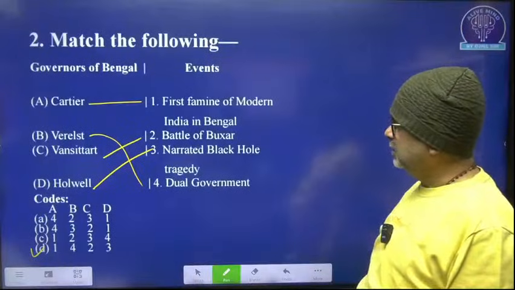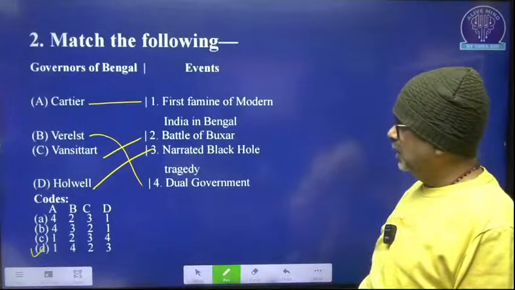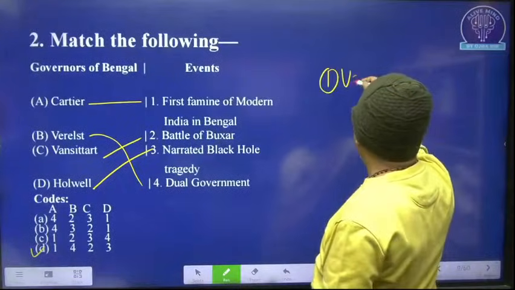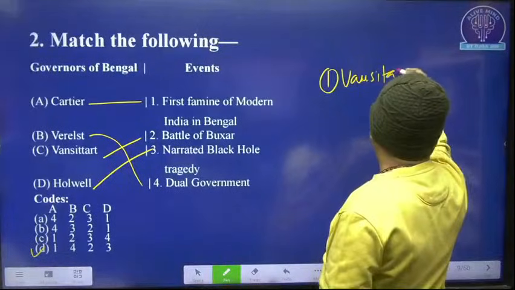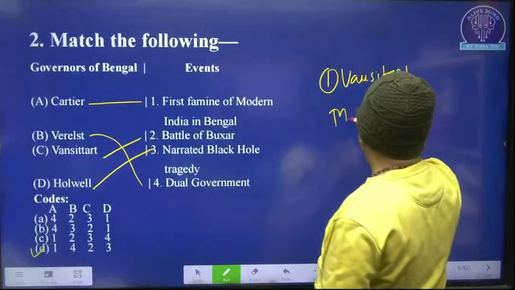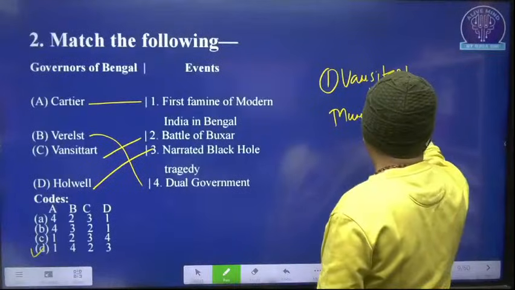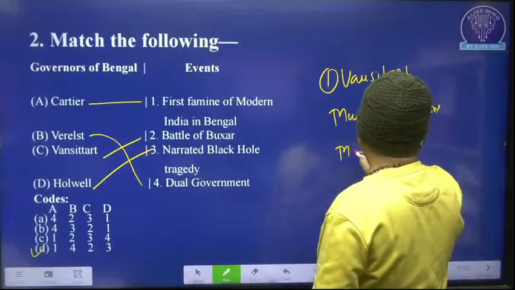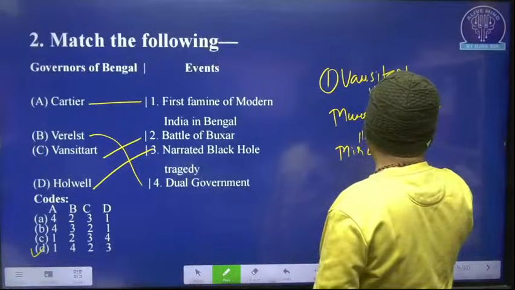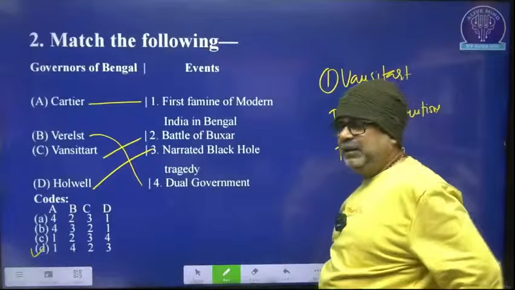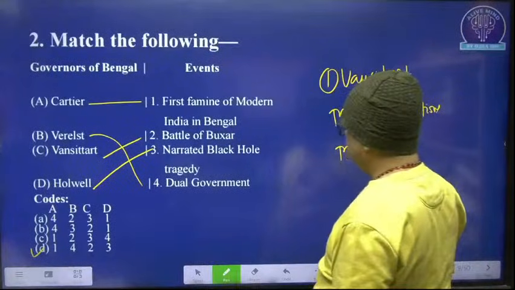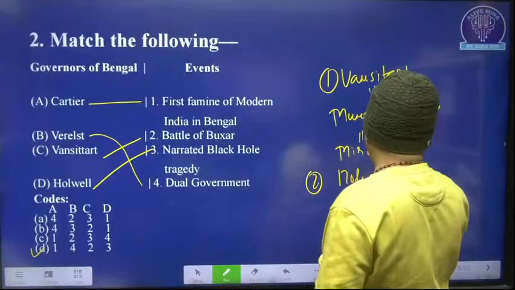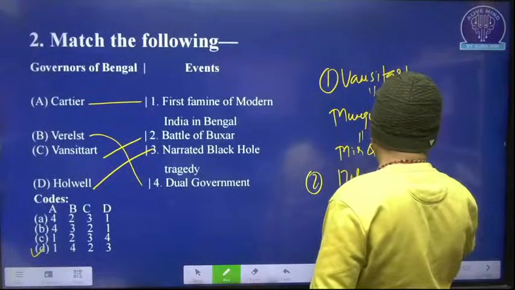Vansittart, Munger Convention with Mir Qasim to solve the dispute between the Nawab and the company, but then it collapsed. Holwell narrated the story of the Black Hole Tragedy during the time of Siraj-ud-Daulah.